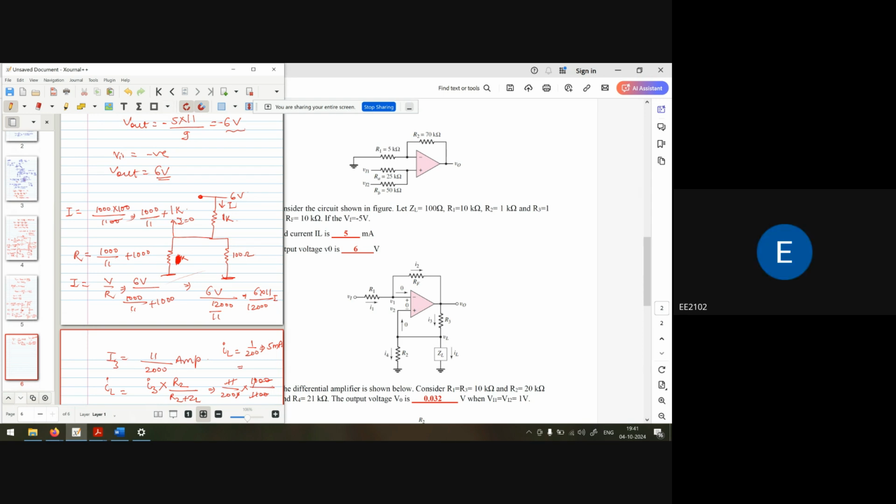Directly apply the formula of the inverting amplifier: V out is equal to minus RF by R1 into VI. RF and R1 both are the same, so V out is equal to minus 5 volt. This is only because of the upper loop. But there is also the contribution of the lower loop. So for this purpose, I have to calculate the voltage due to this lower loop.